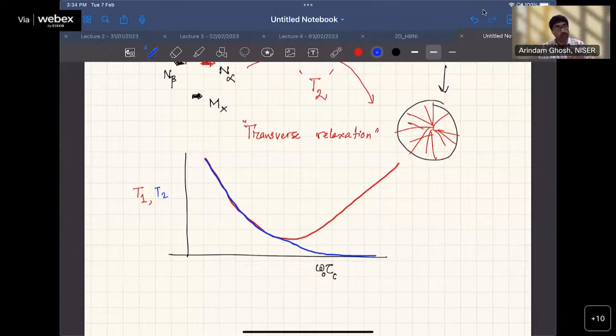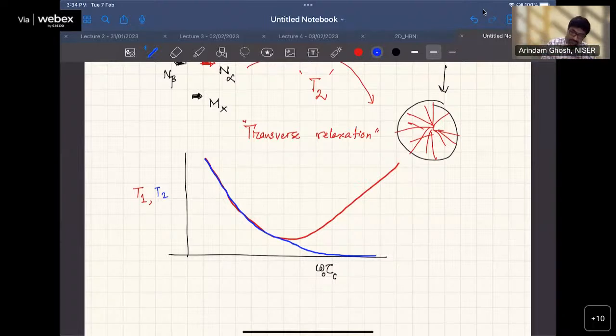When will that happen? When the molecule is pretty big. Big molecules rotate much slower in solution than small molecules, which rotate very fast. So omega tau c is going to be very large when tau c is very long, and tau c is long when the molecule is very large.